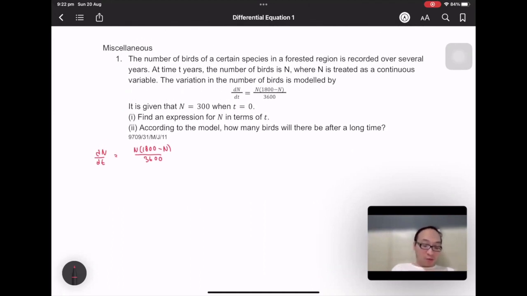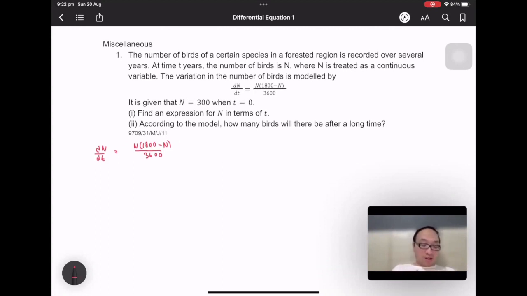We put n on the left side, so it will be 1 over n(1800 minus n) dn over dt equals 1 over 3600. So this form is the third form.